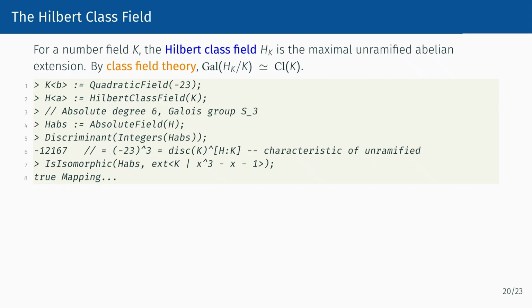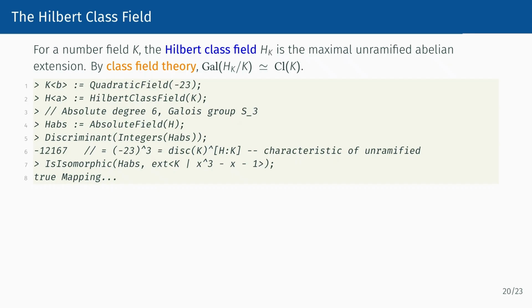And one can compute its discriminant, for example, and see that it's -23 cubed, which is not a coincidence. But more interestingly, one can see that this field is isomorphic to extending Q(square root -23) by x cubed minus x minus 1. So this field L that we had here is the Hilbert class field of Q(square root -23).